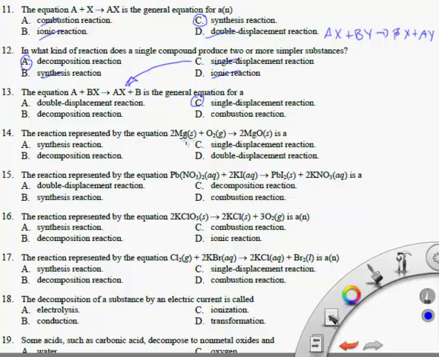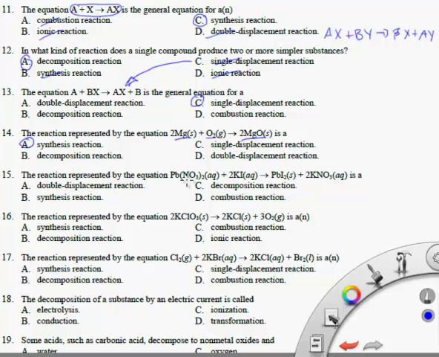The reaction represented by this single element plus another single element yielding a more complex species, you are looking at our synthesis reaction. A plus X yields AX. It's an example of a synthesis reaction.